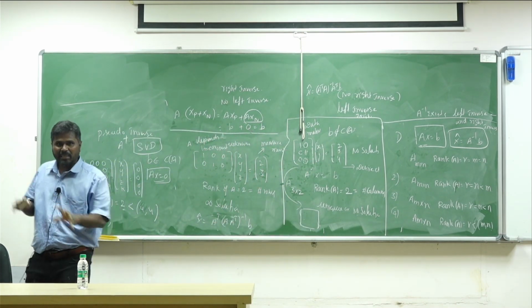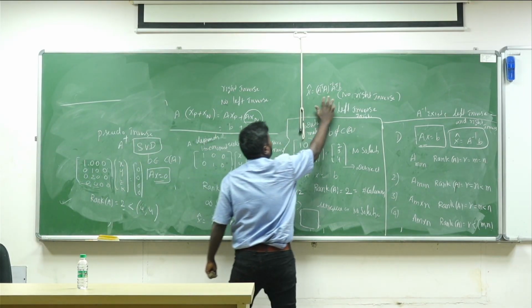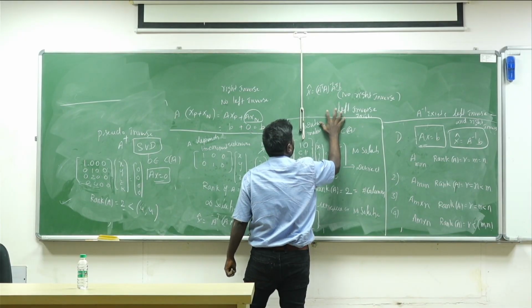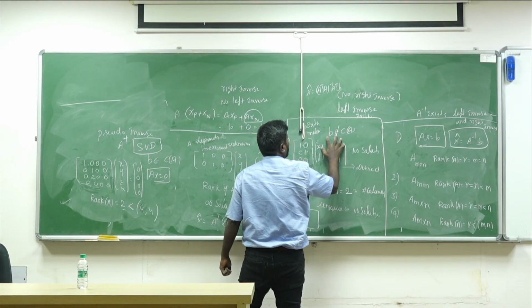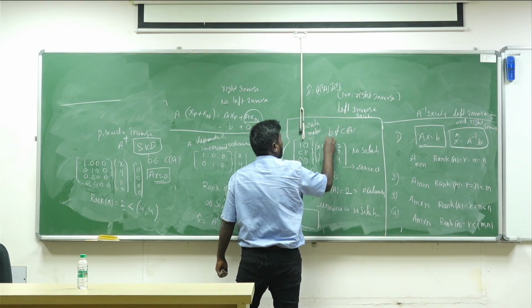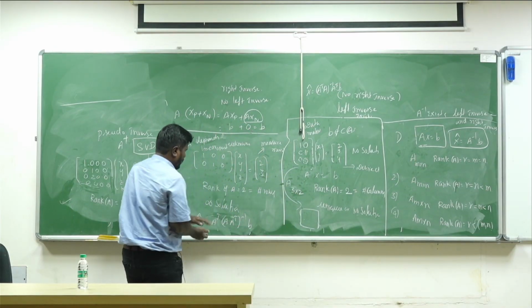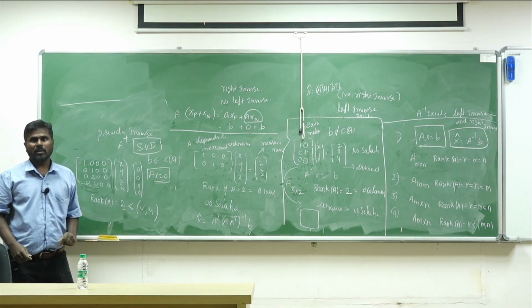But at least from this solution, you can see that there is a possibility that you can have the left inverse for A. By looking at this solution, we can say that there is a right inverse for A.